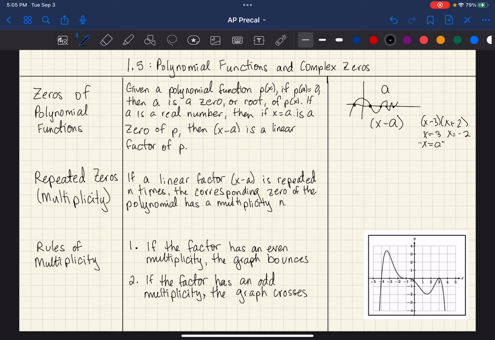So now, what if I have repeated zeros? Well, that comes into play with something called multiplicity. If a linear factor is repeated n times, the corresponding zero of the polynomial has a multiplicity n.